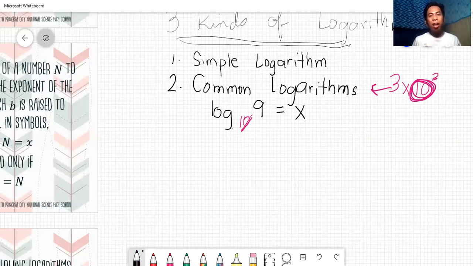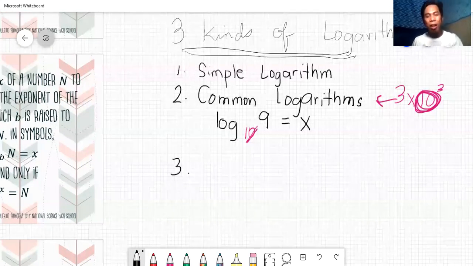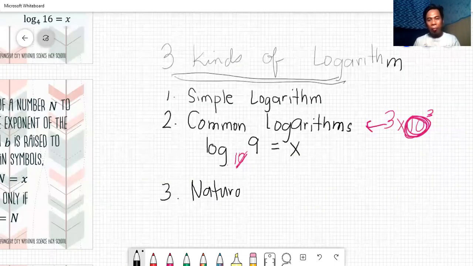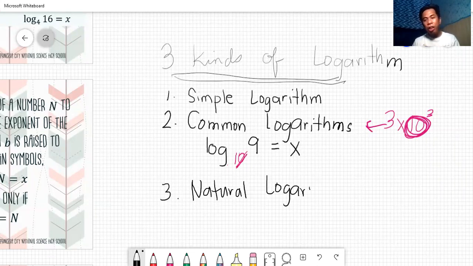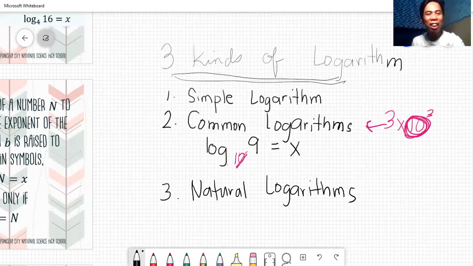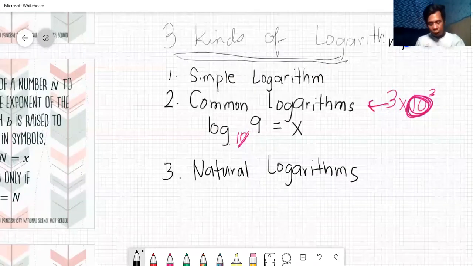And the last kind of logarithm, we have the natural logarithm. So what is a natural logarithm? A natural logarithm is actually not related to nature, but it is just called natural logarithm for some reason. In a natural logarithm, we have the logarithm with the base e.